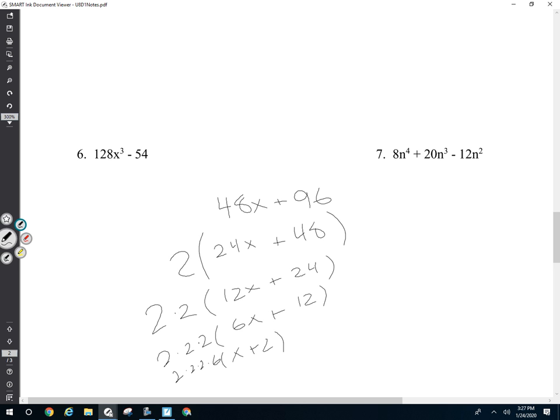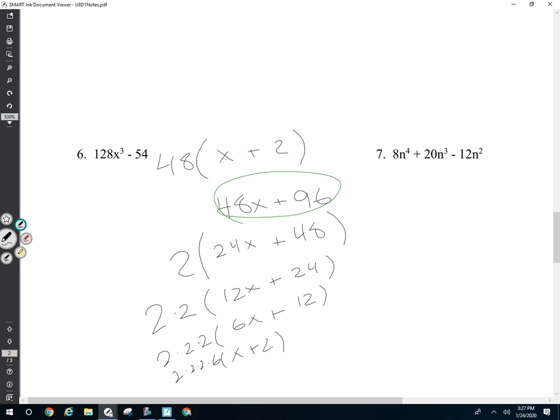I could have actually pulled out a 48 from the get-go. A lot of people don't know that 96 is just 48 times 2. I'm just using this as an example, showing you that maybe you don't see it, 48 goes evenly. You can just start pulling things out until you're done.